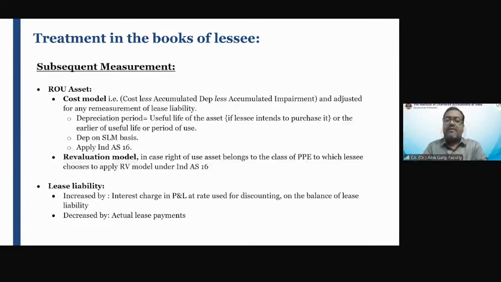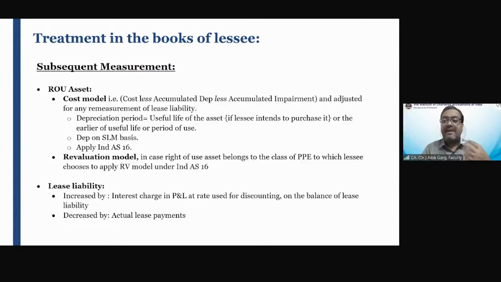But if the purchase option is not there, in that case, ROU is going to be depreciated over the lease term. Right? Friends, ROU asset, since it is an asset, it is also subject to impairment if there is an impairment indicator. For example, the rent has significantly gone down, right? This has practically happened with me, because I had a contract pre-COVID where the escalation clause is there, right?